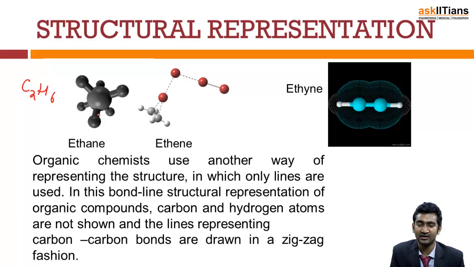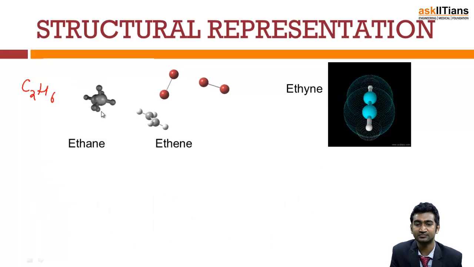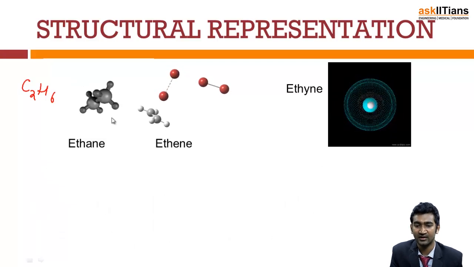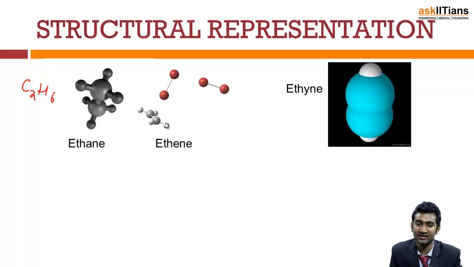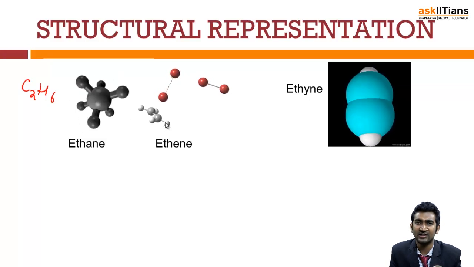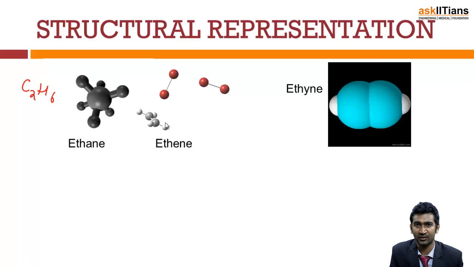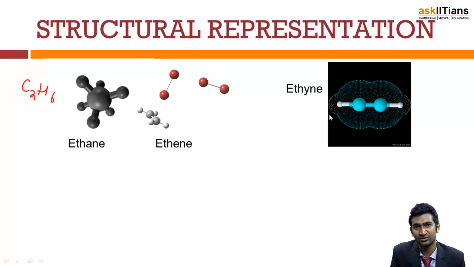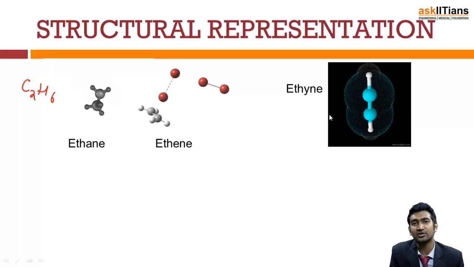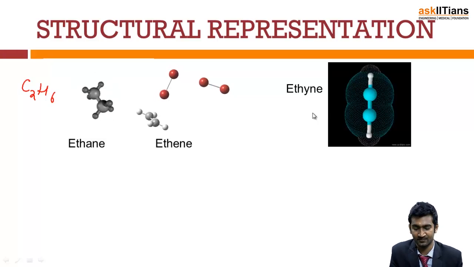So that's why ethane can rotate like this. Ethene, on the other hand, has somewhat of a restriction. It is not that free. And ethyne is not free to move because of the 2 pi bonds there in the ethyne.